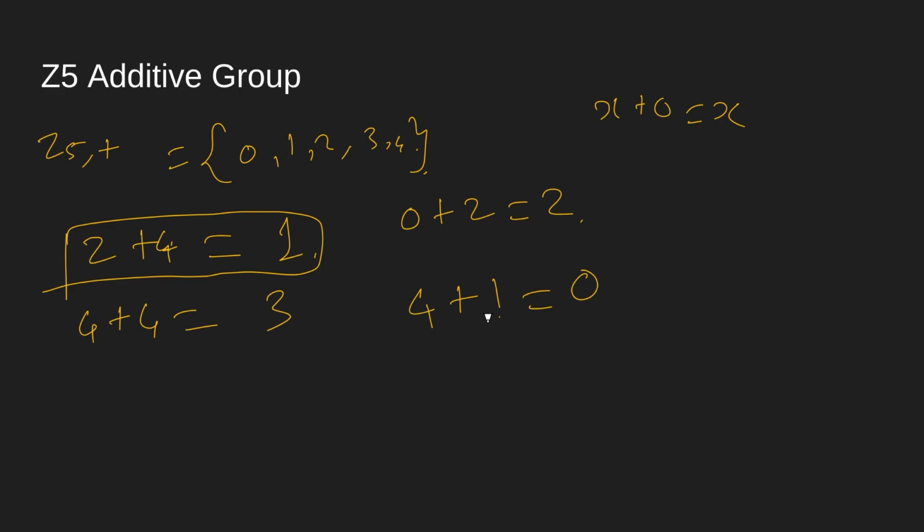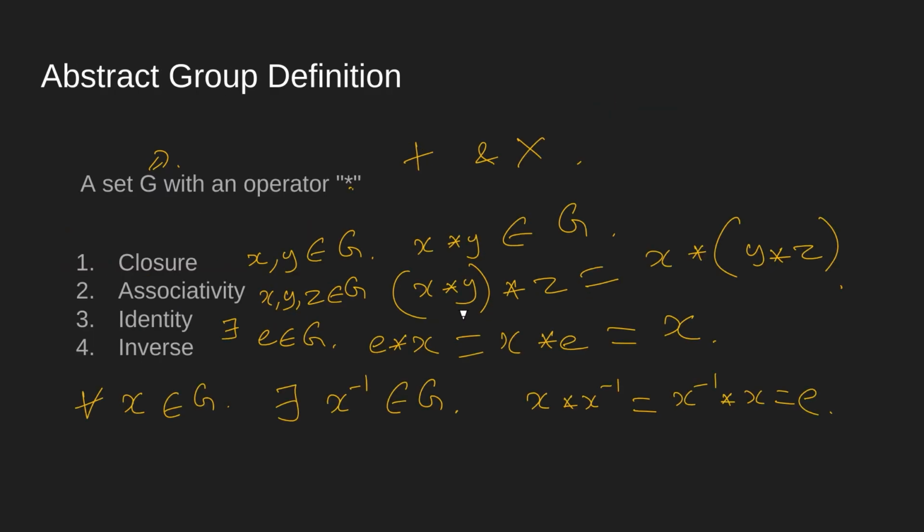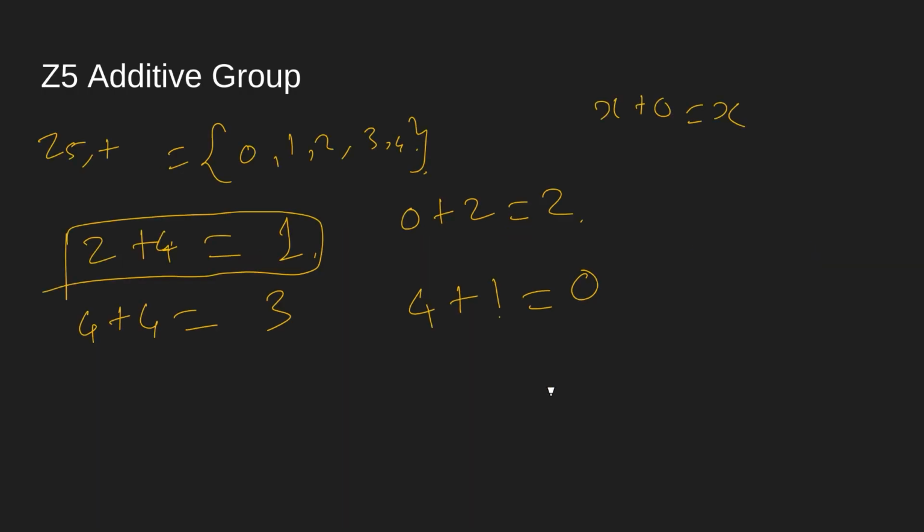So 1 is the additive inverse of 4. Similarly, 4 is the additive inverse of 1. So if you observe this definition, if x inverse is the inverse of x, x will be the inverse of x inverse. And what will be the additive inverse of 2? That should be 3. 2 plus 3 is equal to 0, because it is 5, it is divisible by 5, so it's 0.